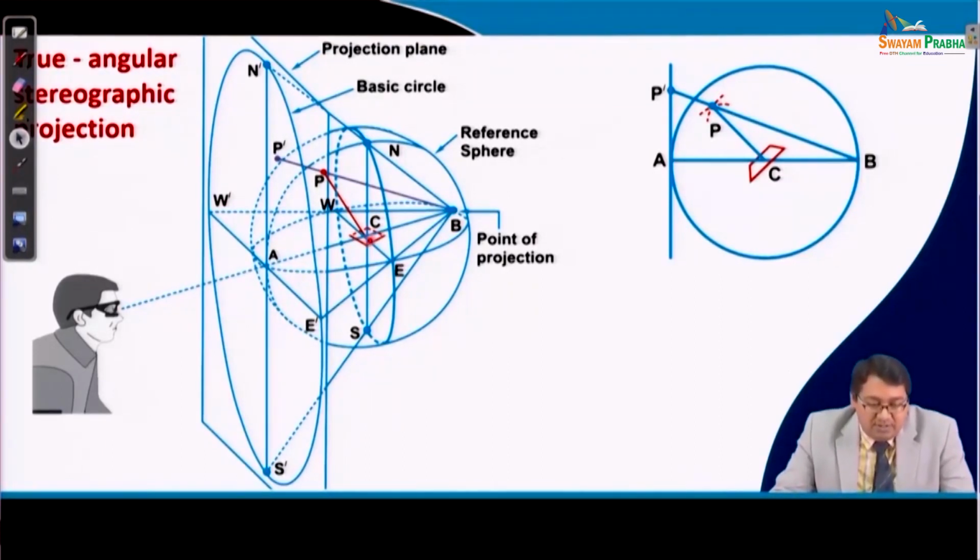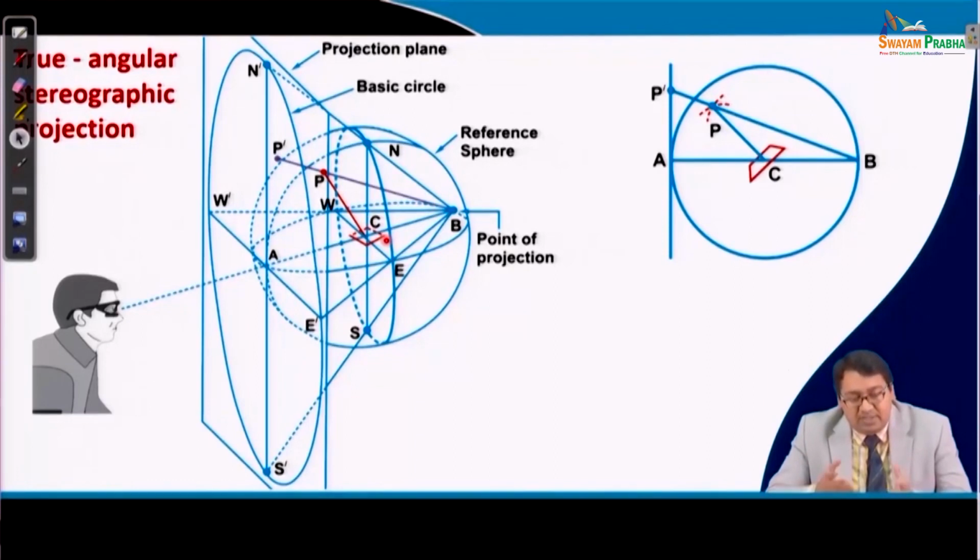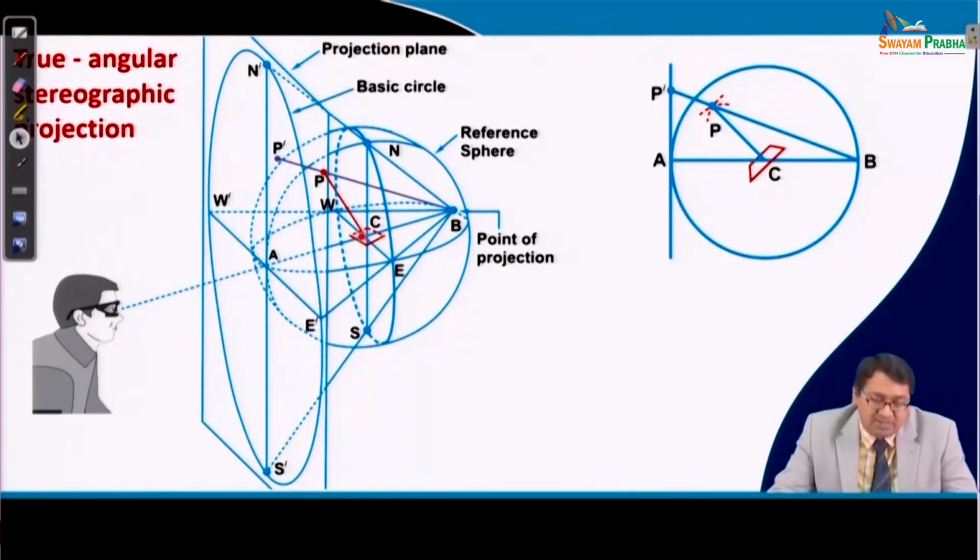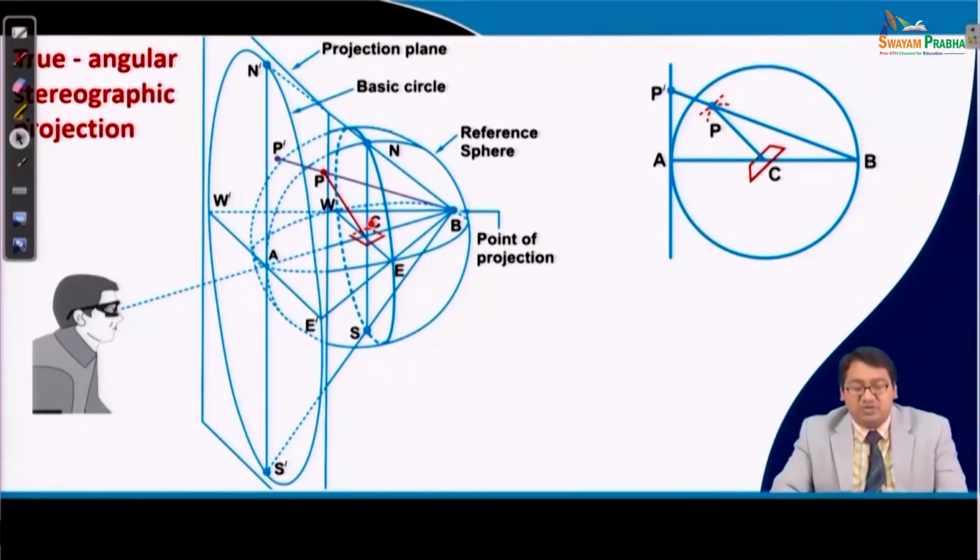Now, if we keep a plane at a certain angle inside this 3D stereogram, shown by this red plane, I am talking about a crystallographic plane, an HKL plane, being kept inside this 3D stereogram.